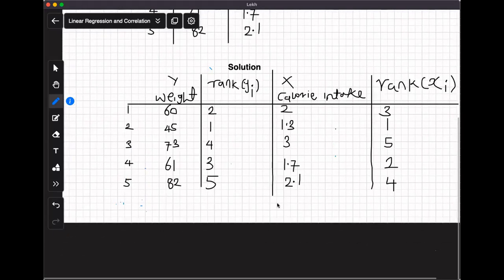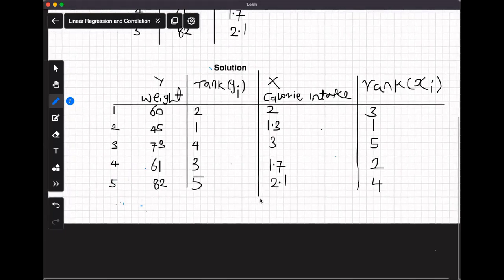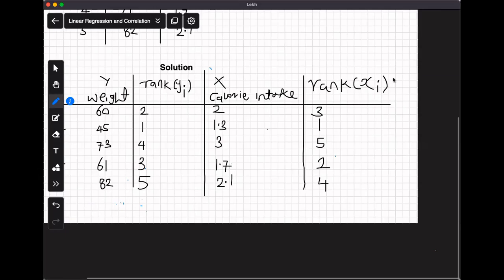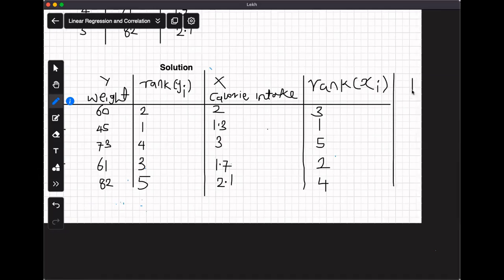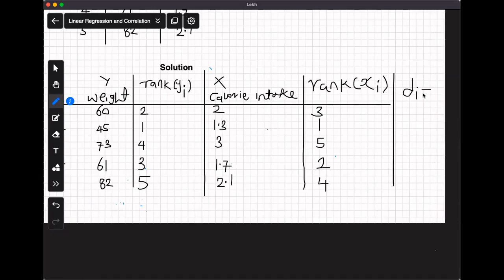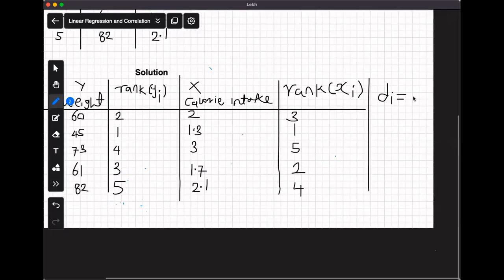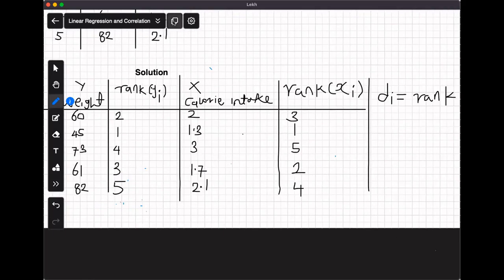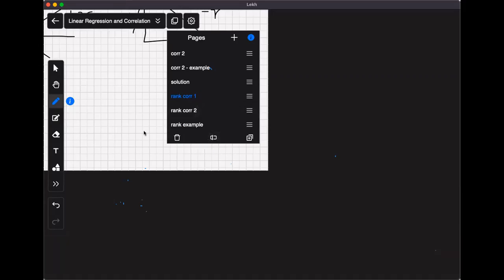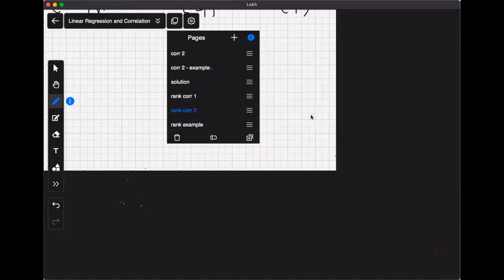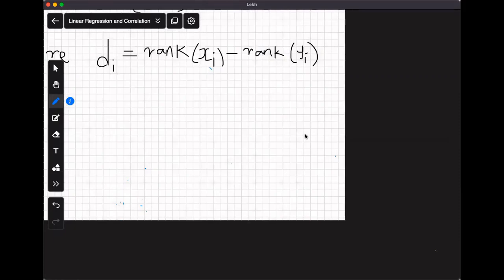Now that we have this, we can now take the difference between the rank. So di, as we said before, is equal to rank. So what did I use the other time? Whichever one you have used will be correct, but I want to be consistent.